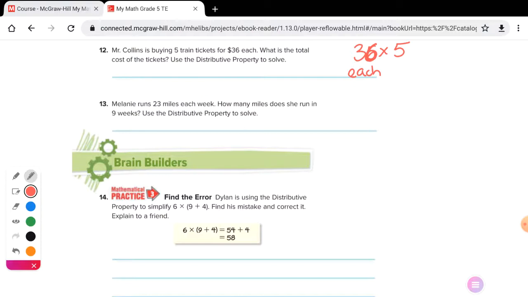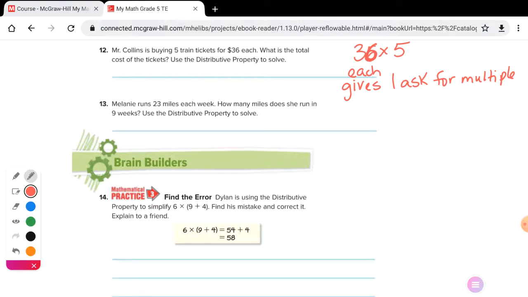What else, Lori? It's like it gives one, asks for multiple. Because it gives the price for 1 ticket and it asks for 5 tickets. So it's a gives one, asks for multiple.